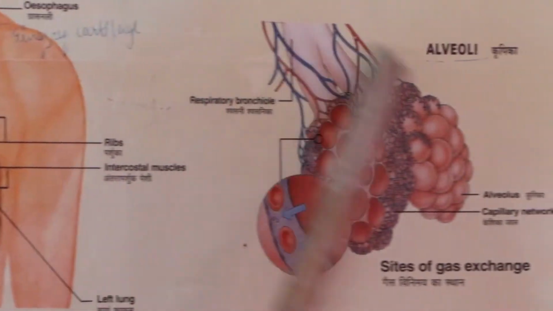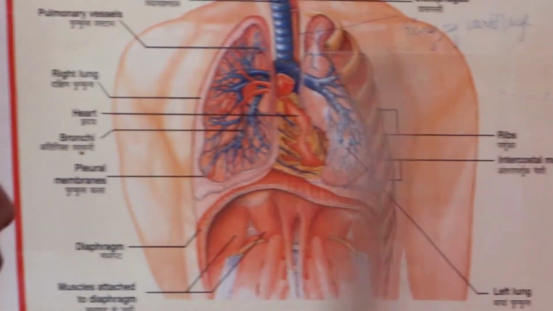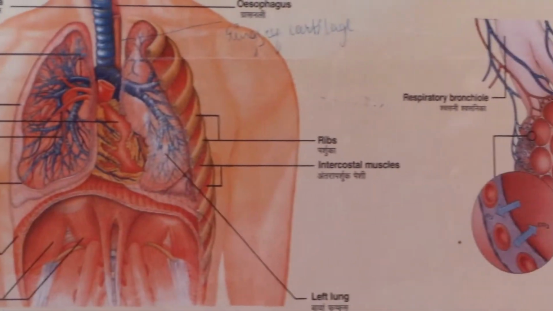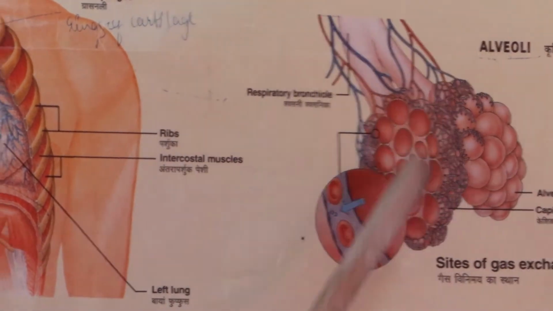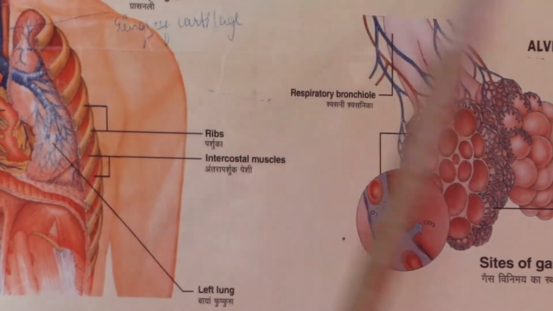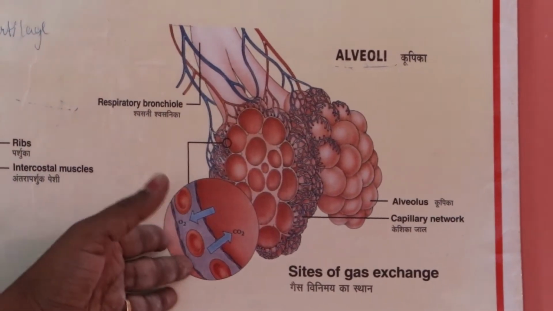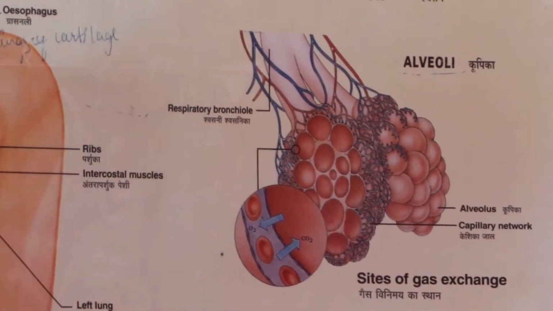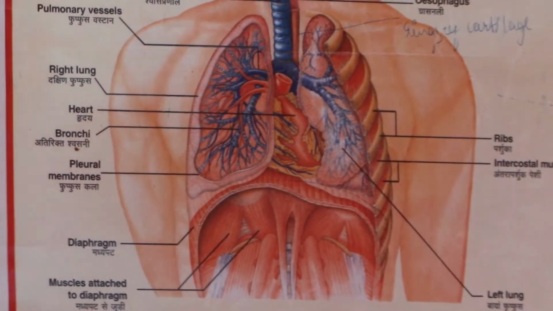Alveoli is a balloon-like structure present inside the bronchioles. It is a site of gas exchange, and the blood vessels are present in these portions, so that they help transport the oxygen to all parts of the body by blood.